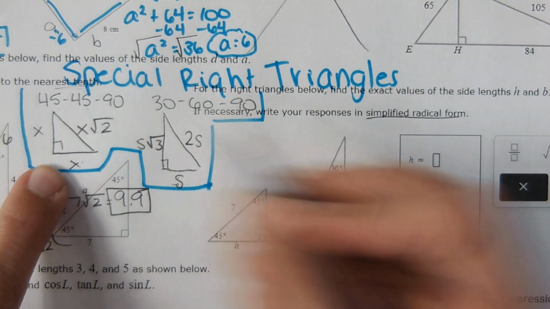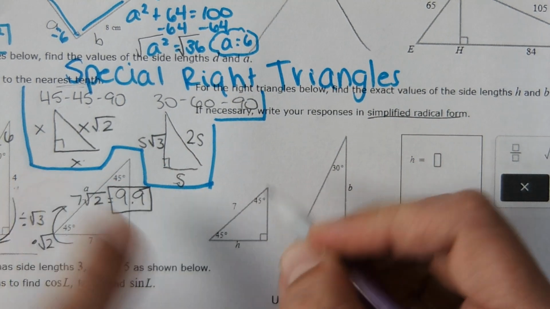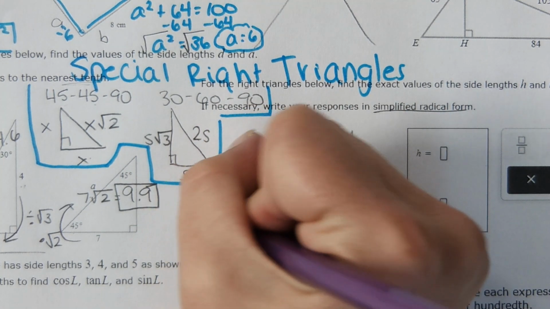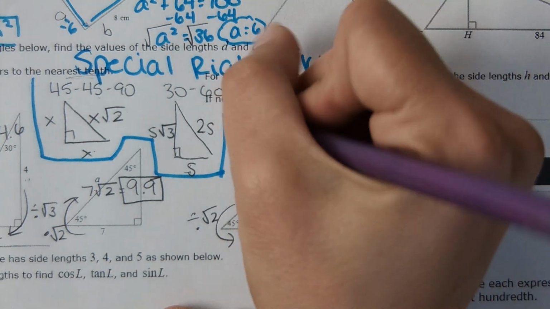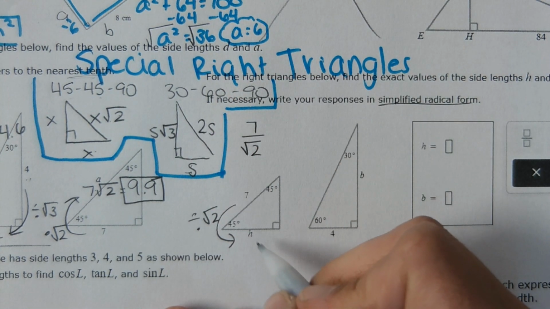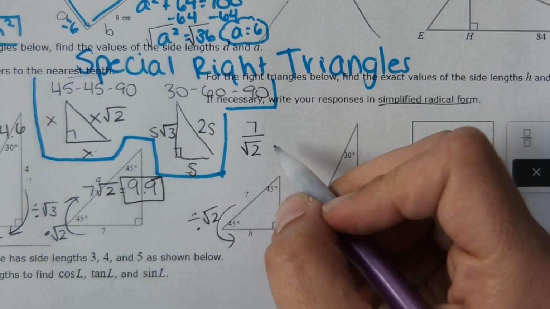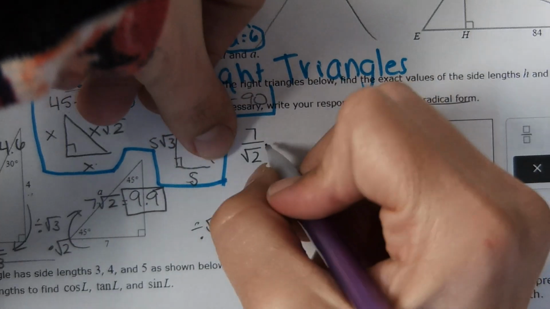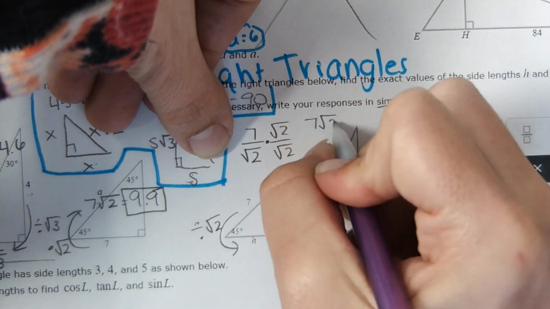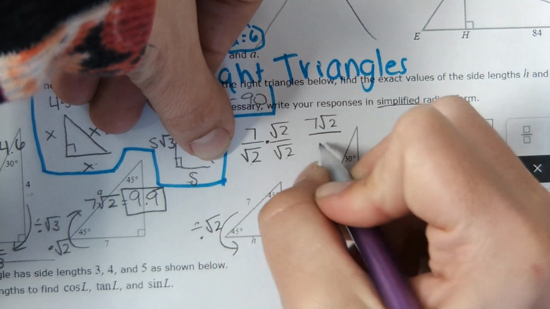So let's start with the 45, 45, 90, which is right here. To go from here to here, we're going to divide by square root of 2. So 7 over square root of 2. We can't leave this as a radical in the denominator, so we multiply by square root of 2 over square root of 2 to get 7 square root of 2 over square root of 2 times itself, which is just 2.